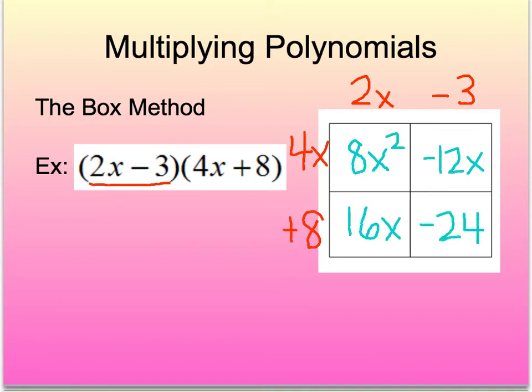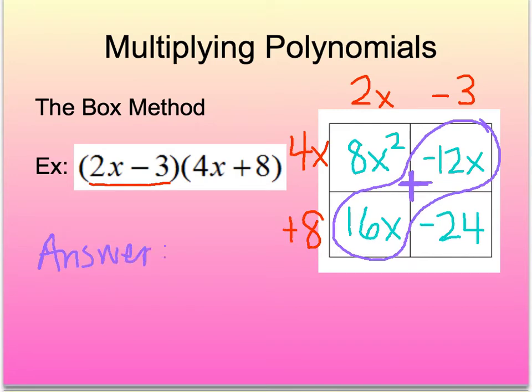Okay, so now that our box is full, we're just going to see if we have any like terms to combine. And you should notice right away that along the diagonal, we have two terms that we can put together. And remember, we're finished multiplying, so to combine these terms, we're going to add. And so to write our final answer down here, we write the first box, which is 8x squared.